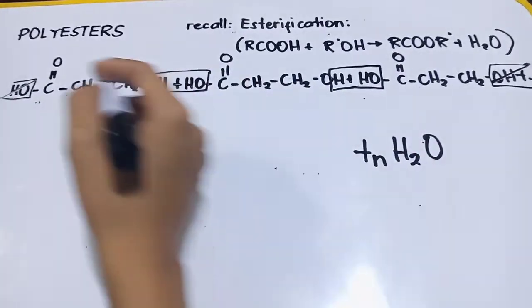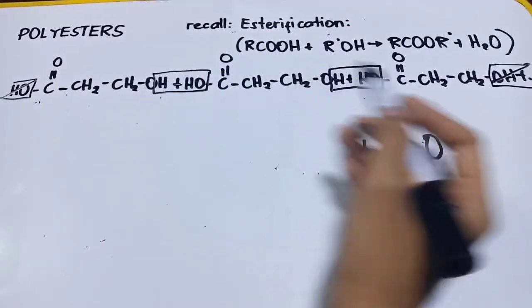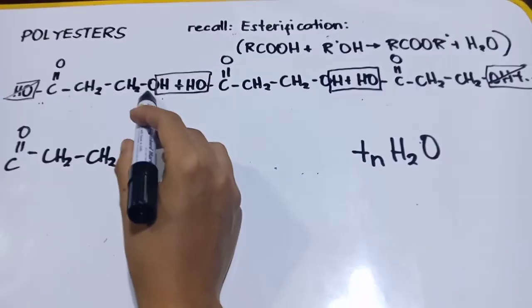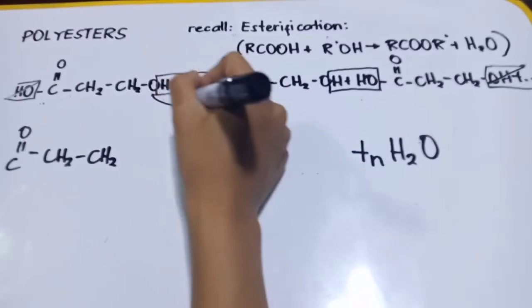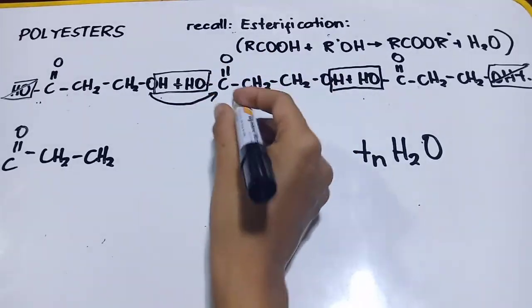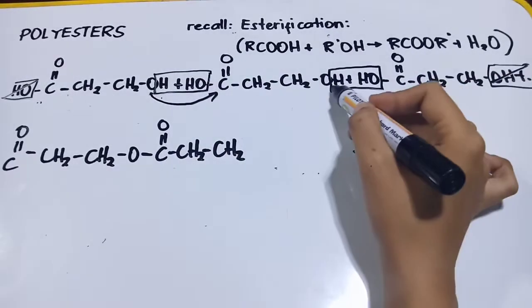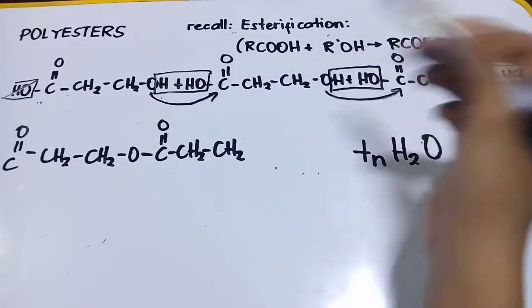After that, we will just rewrite what is left. So, the O that is left here will be bonded to the C that is left on that side. And O will be bonded to the C on the other side.